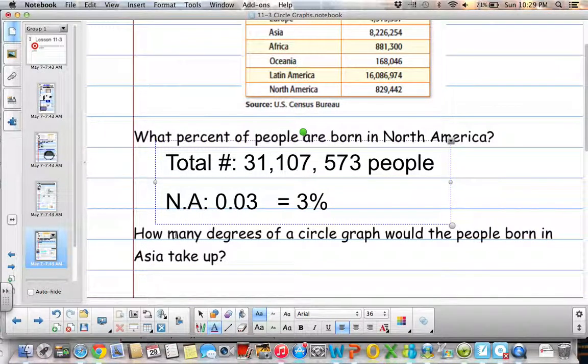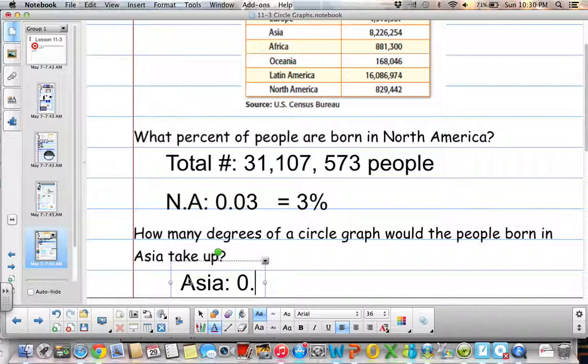How many degrees of a circle graph would the people born in Asia take up? You need to do the exact same thing. You need to take 8,226,254 and divide it by 31,107,573. So we would get that the percentage of people born in Asia is 0.26, which equals 26%.